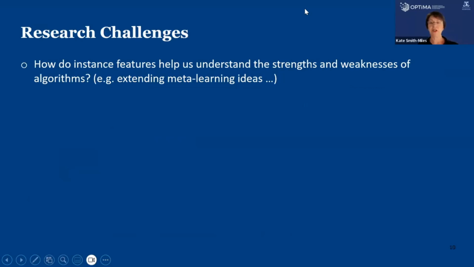So there have been a number of research challenges along the way, this 20 years, starting with how do we actually measure those properties of instances, the features of instances that will help us understand the strengths and weaknesses of algorithms.